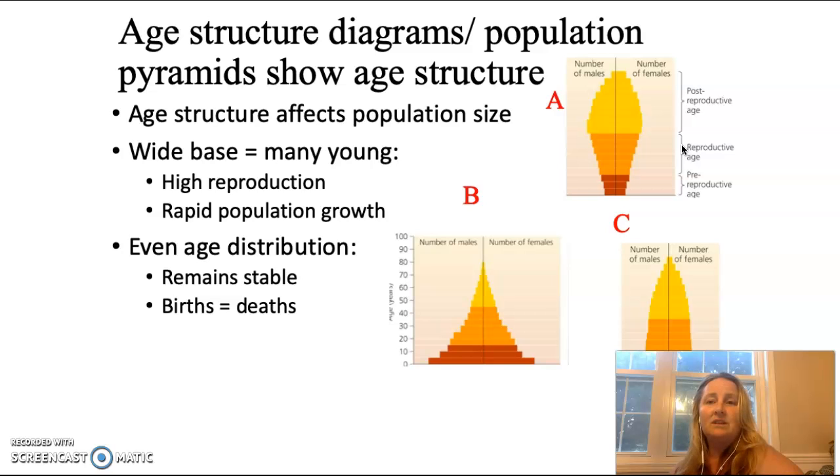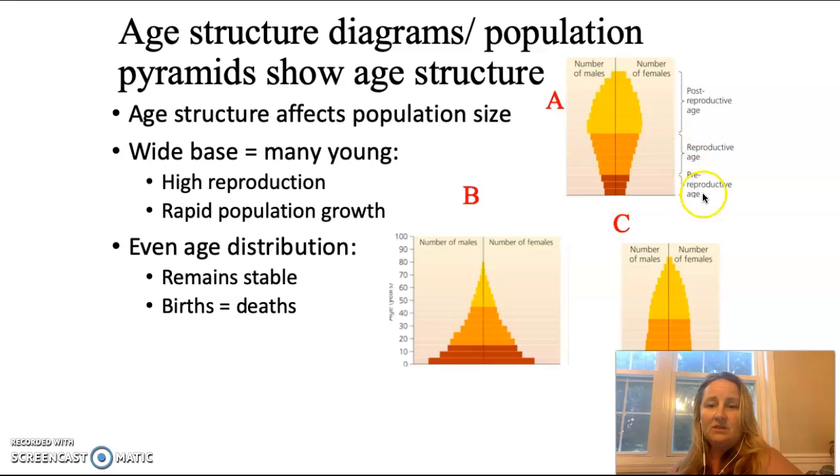And so they had this large post-reproductive age population, and fewer people that were actually working to help drive the economy. So in Germany, they started bringing in lots and lots of immigrants. So a really large percentage of the population in Germany is now immigrants.